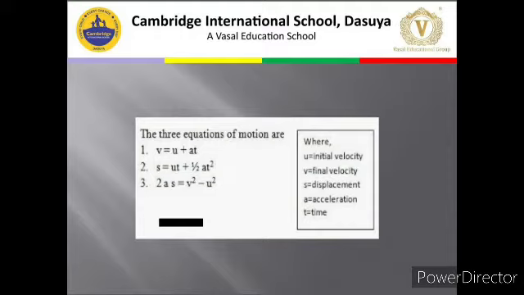That is what we call derivation. So derivation means from where this formula originates. And we are going to do this using the graphical method, so that you will have proper clarity of the derivation of the formula.